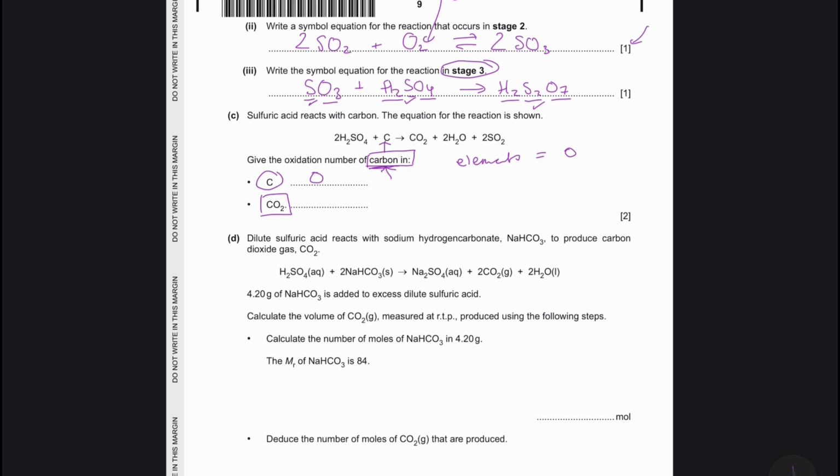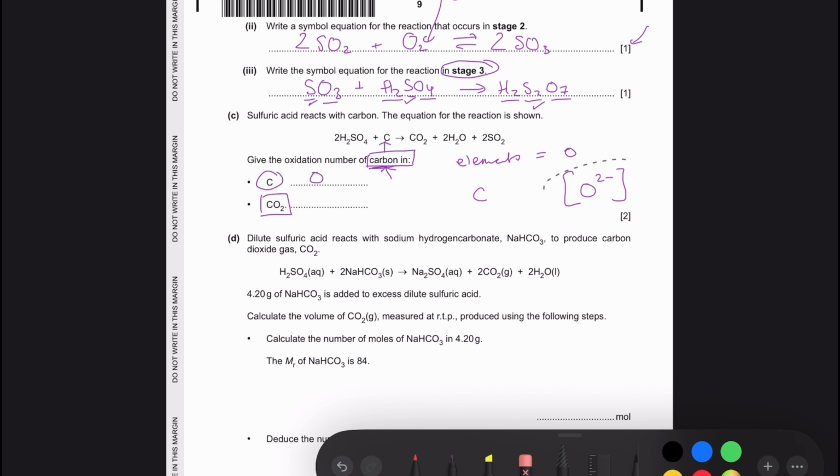What is the oxidization number of carbon again, in CO2? Okay, so we've got carbon and then the oxygen, and each of these oxygens has a charge of -2. So O, the ion, has a charge of 2-. But we have 2 of them. So this is just 1 oxygen ion.